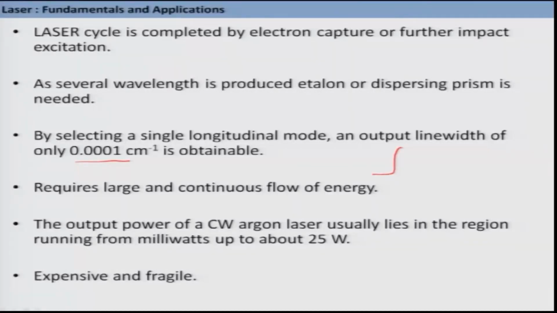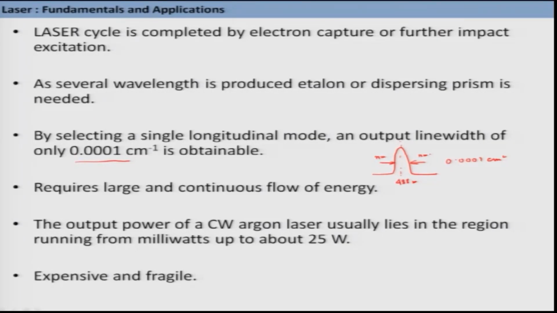So what I essentially mean is that if I draw this laser line like this, this width corresponds to 0.0001 centimeter inverse. The central line corresponds to 488 nanometers, say. Then what is this wavelength in terms of nanometer here and also here? You will see they will vary in the third or fourth decimal. So it's literally really narrow band.